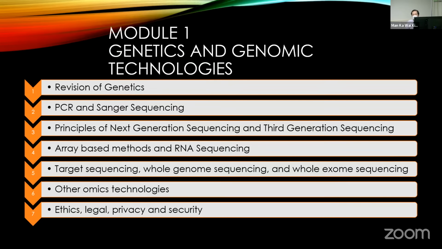A mutation or different sequencing may not happen in one individual. It may be inherited from the parents and passed to the next generation. So there's a very important ethics issue here.